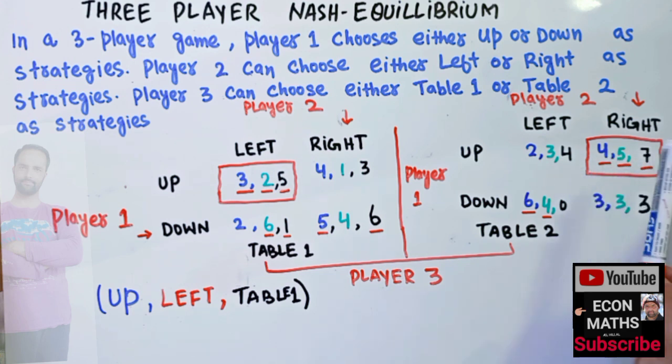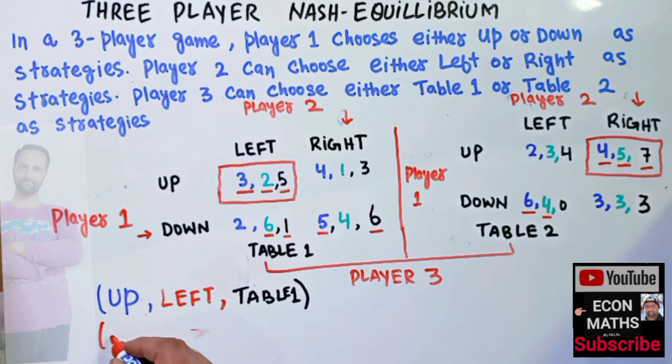Next is 4, 5, 7, and what is this strategy profile? Player 1 chooses up here.